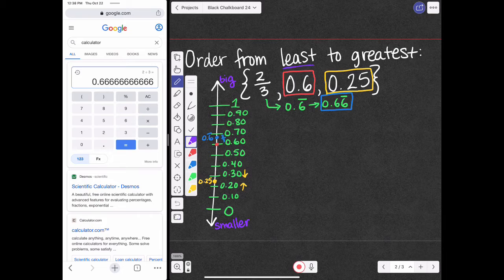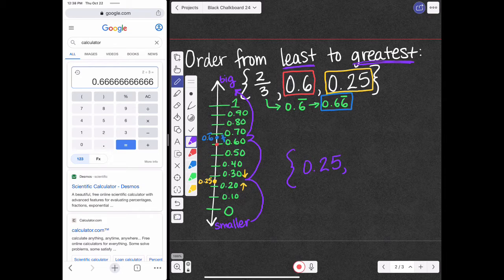So now we need to order from least to greatest. So we're going to see how I go up, and then up more. So we're going from the smaller to the bigger number. So I'm going to go ahead and order them in a set from the smaller to the biggest. So the first number I see is 25/100.